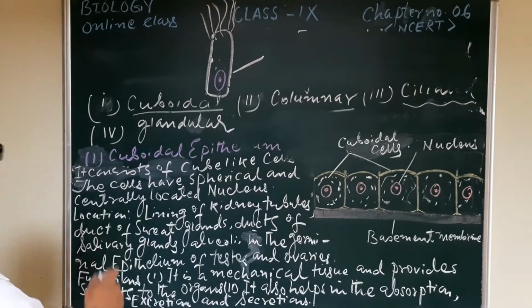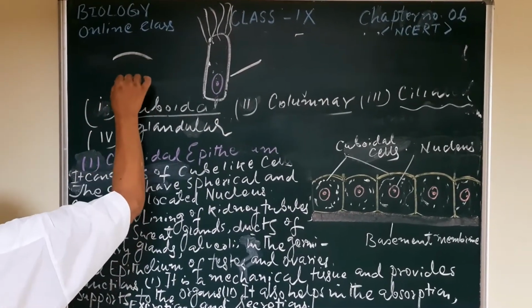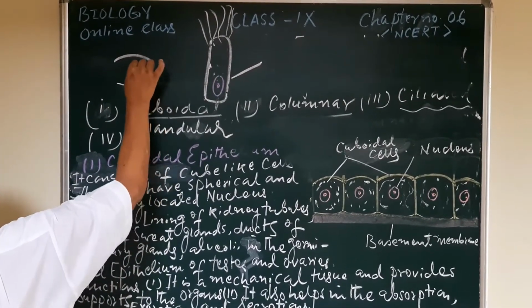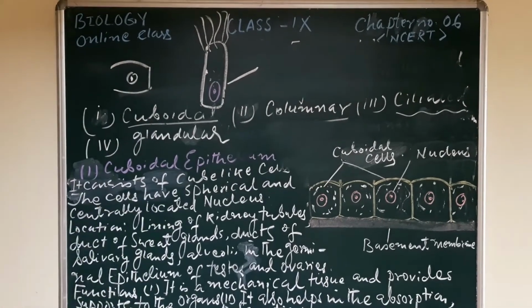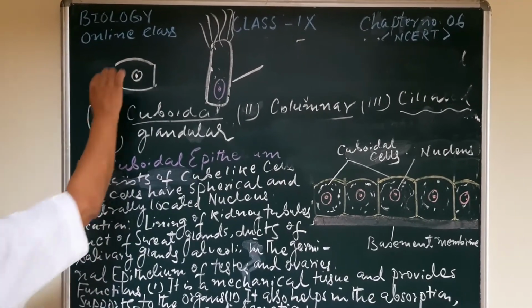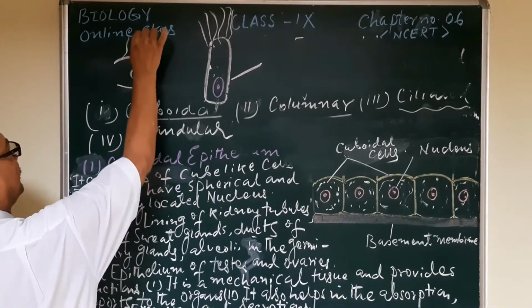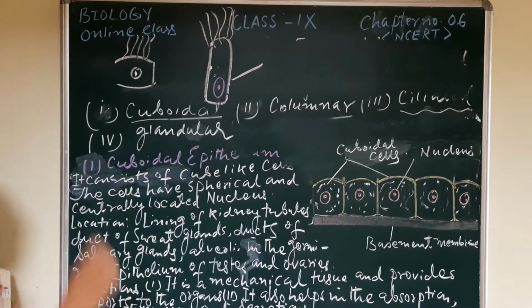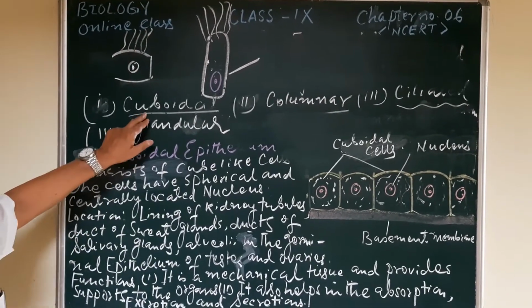Once again, if it is a cuboidal epithelium and it possesses cilia, then it is the ciliated cuboidal.